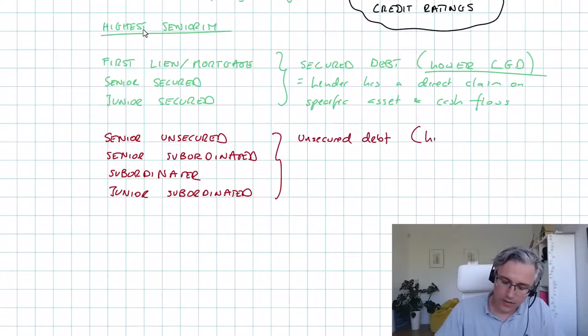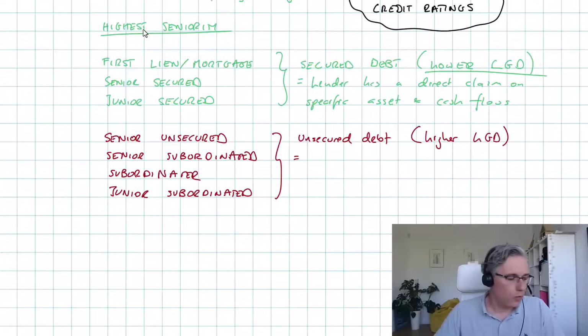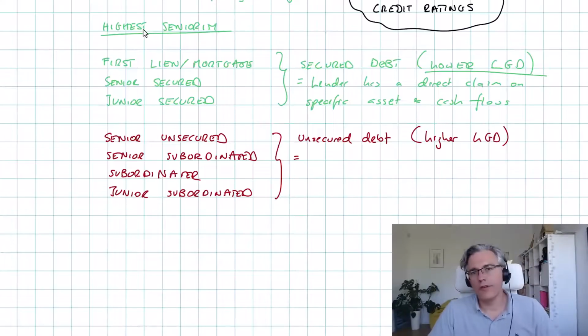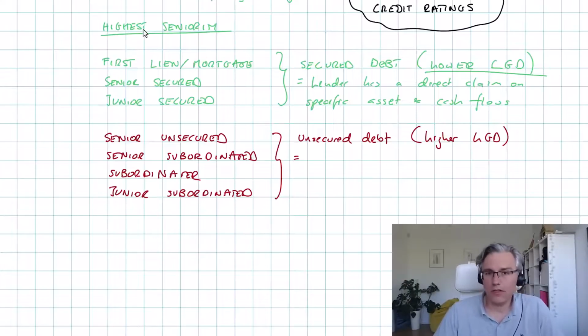This will come with a higher loss given default. The idea is that you generally should be paid off using the operating cash flows of the business, but if those don't suffice, there is no specific claim on a specific asset directly. You have a claim on the residual net assets of the business following the satisfaction of the claims of the more senior holders of debt.